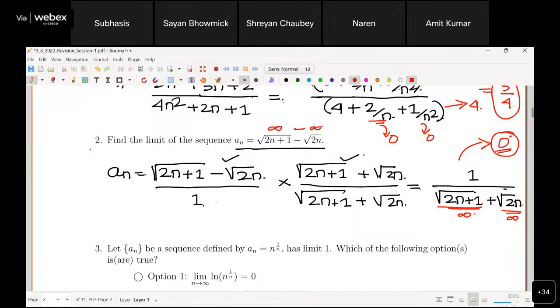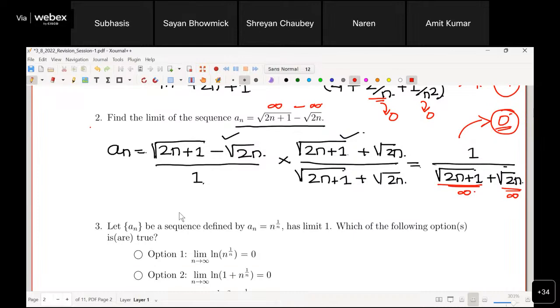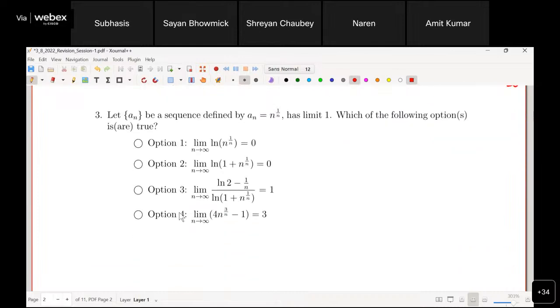Clear? Any doubt from question number 2? Okay, fine. Now suppose you know something about a sequence. Suppose you have a sequence an, which is defined by this.